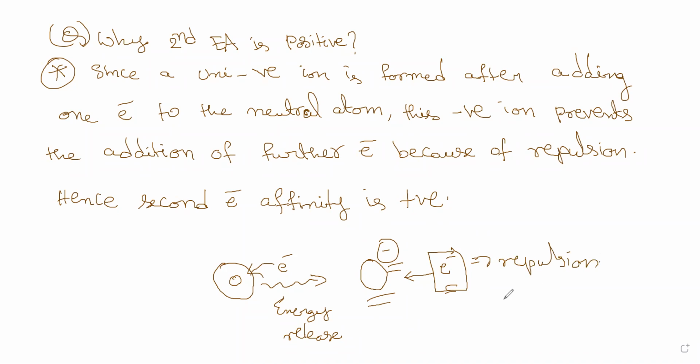Because it suffers repulsion from this negative charge, you will get positive electron affinity. Positive means you have to supply energy.